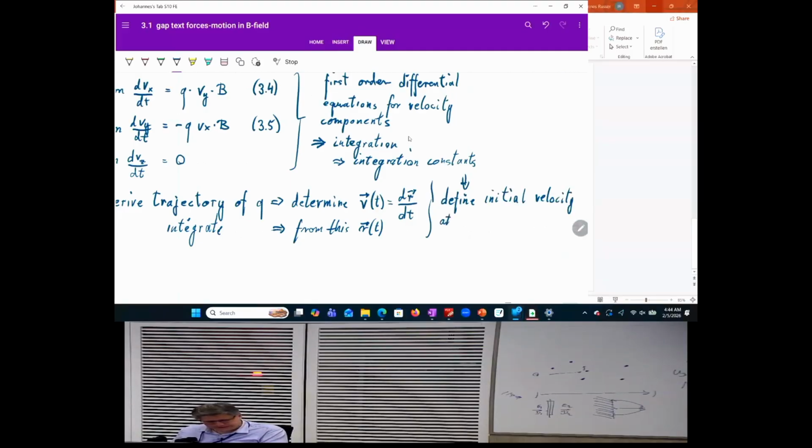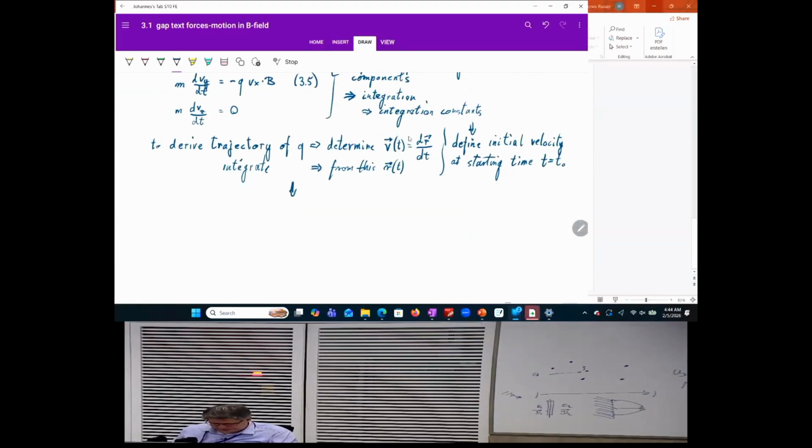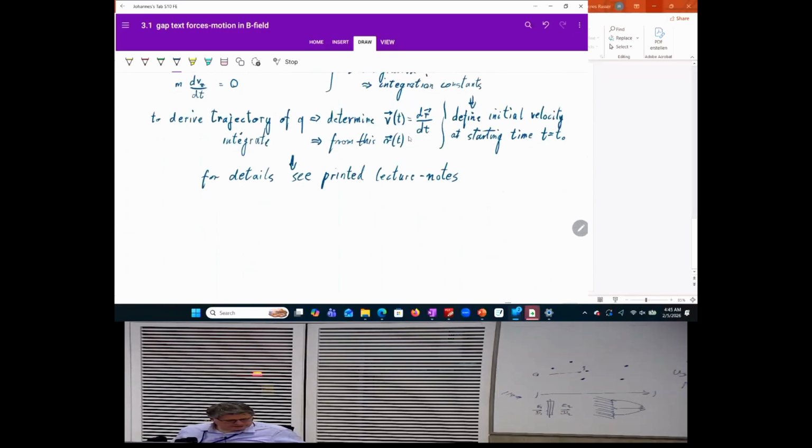So you want to define the initial velocity at the starting time t equal to t0. For really close details, I want to refer you to the printed lecture notes, but we can now look at it qualitatively, to see what we're expecting.